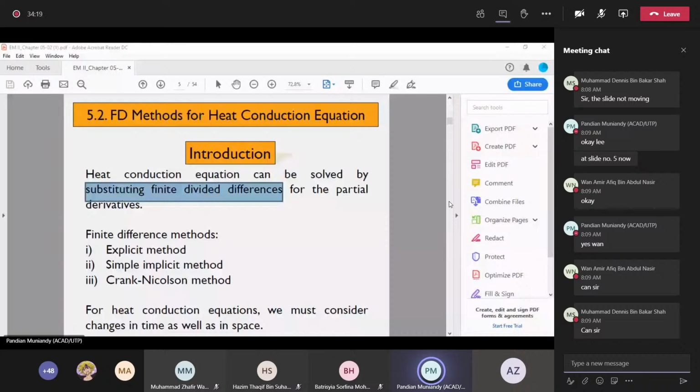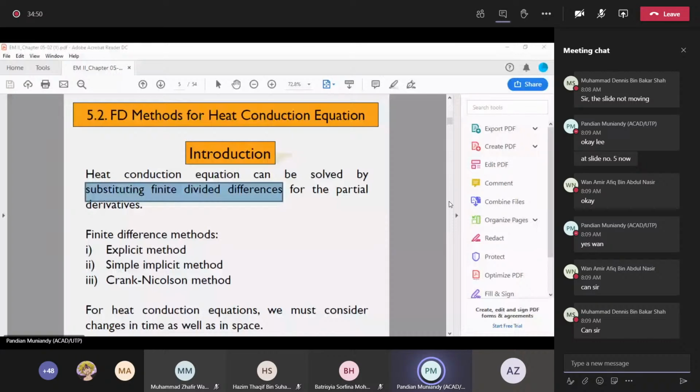Explicit function is like y equals f of x. Y is the output, x is the input. Implicit is x and y together. So this finite difference method involves explicit method, simple implicit method, and Crank-Nicolson method. These are the methods we have to study one by one because all these are interrelated.